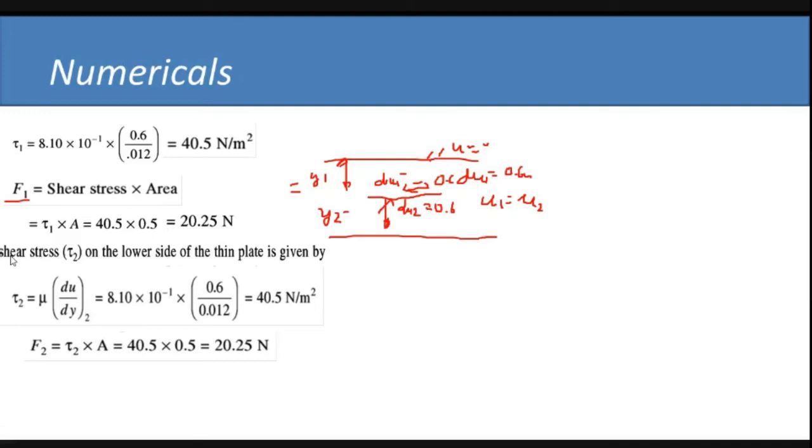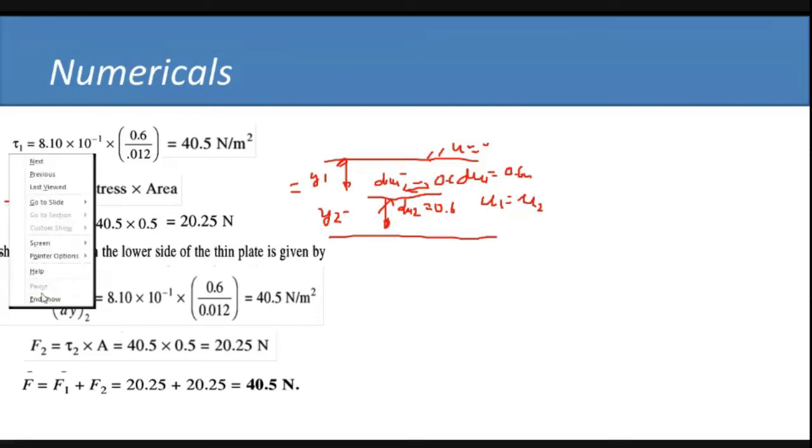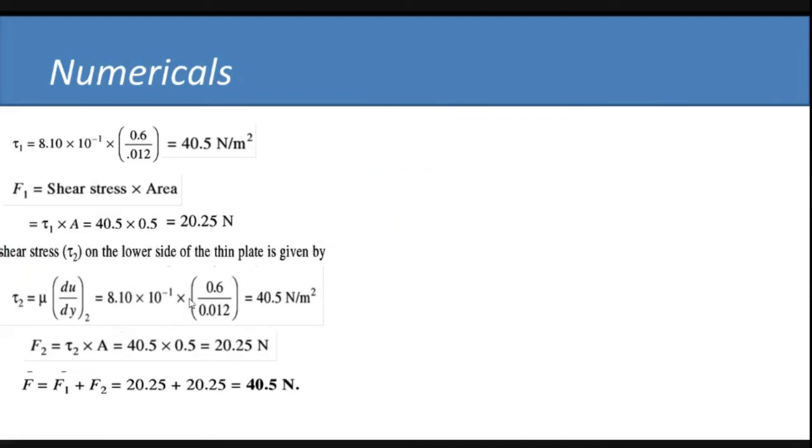Okay, so F1 and F2 are known to us. So total F is nothing but F1 plus F2: 20.25 plus 20.25, so it is 40.5. Final answer is 40.5. In case 1, our total force required to move the plate, or total drag force, is 40.5 Newton.